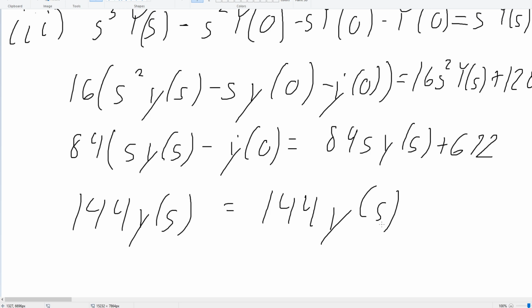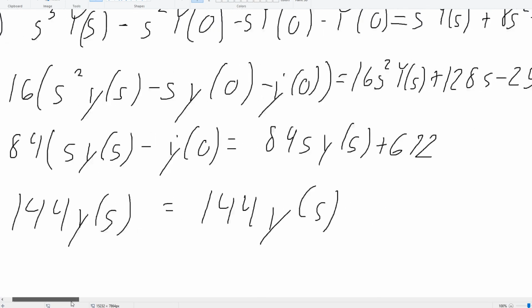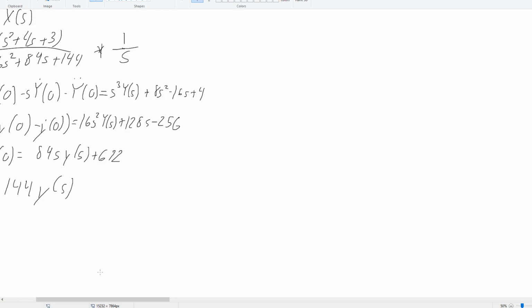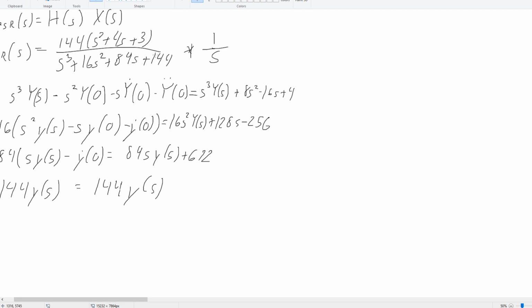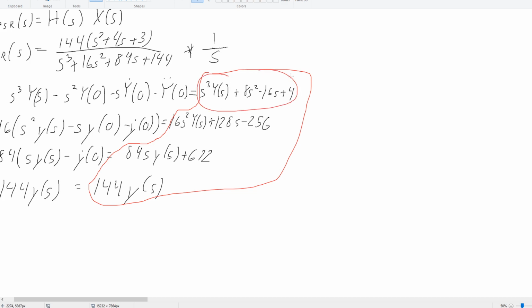With that being said, what you're going to do is add each of these parts together. You're just going to say this part plus this part over here plus this part over here plus 144 ys. Okay.